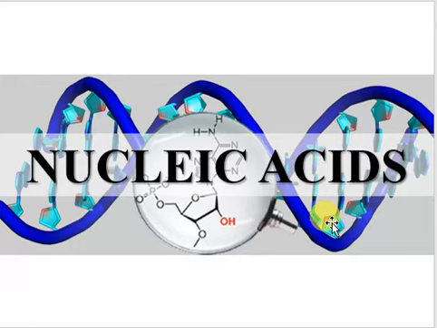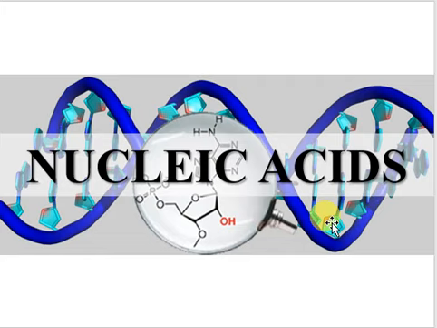The amino acid sequence of a polypeptide, as I said before, is not random. It's programmed by inherited genetic information, and it's more specifically programmed by a unit of inheritance called a gene. Genes consist of DNA, which provides the genetic instructions for building proteins.